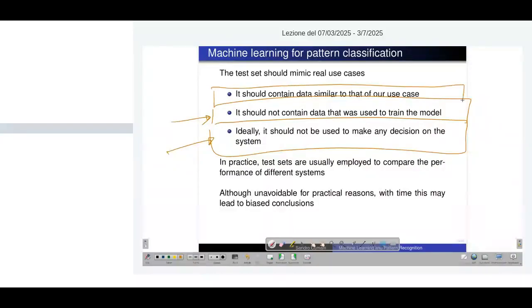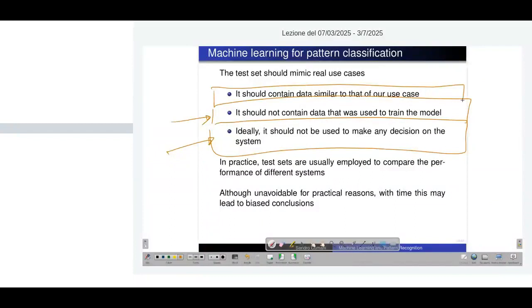Another thing that is important, since this should mimic our application, so the real usage of our system, is that this evaluation data should be as close as possible to the data that we want to classify. Now, why is this important? This is true also for training data. The better the training data mimics the real use case, the better our model will be.